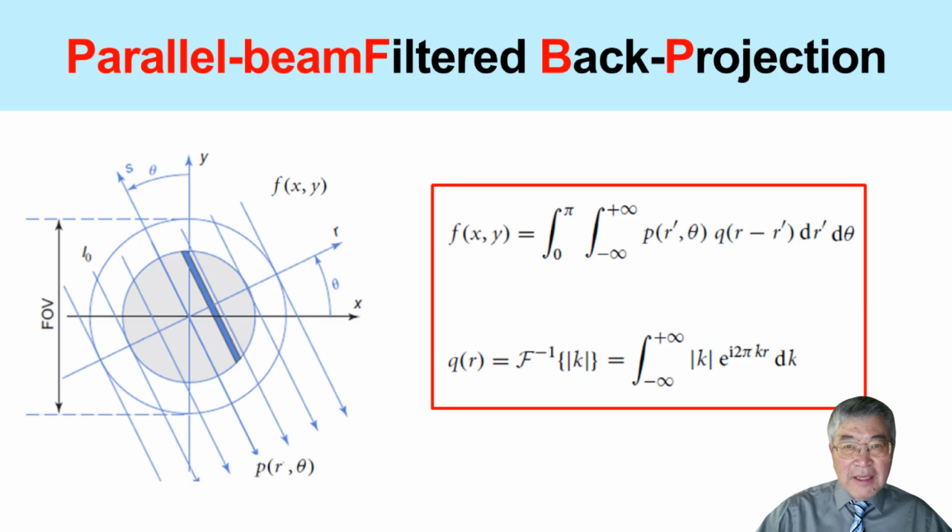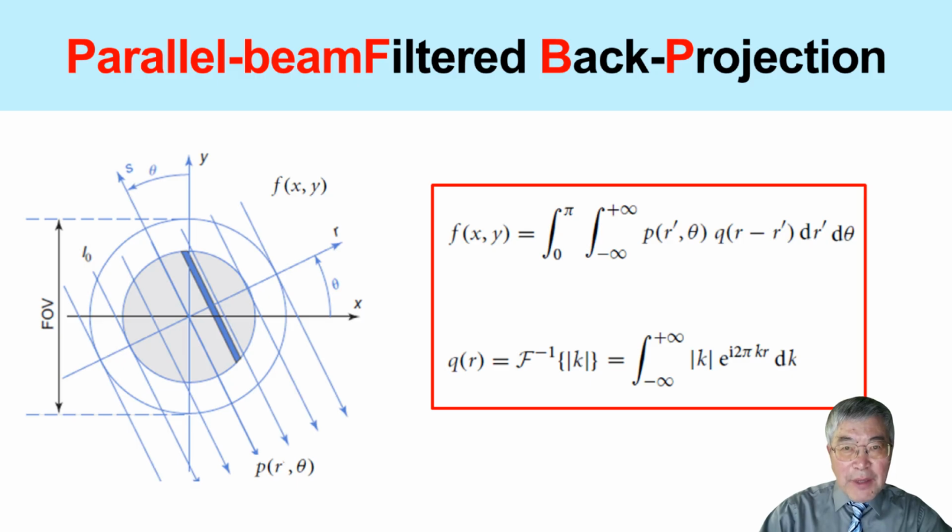If the angular sampling is dense enough, this star pattern covers the Fourier domain very well. In principle, we could reconstruct the image directly from these Fourier samples by using the inverse Fourier transform. But in practice, this idea leads us to a very important and efficient algorithm called filtered backprojection, or FBP.